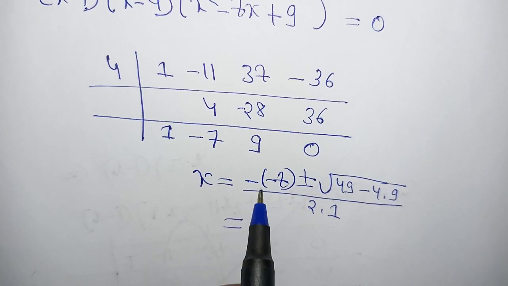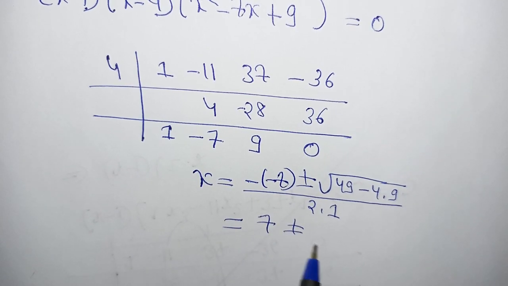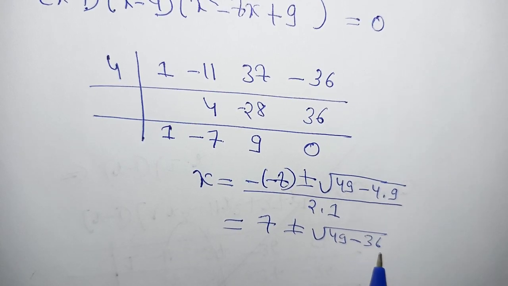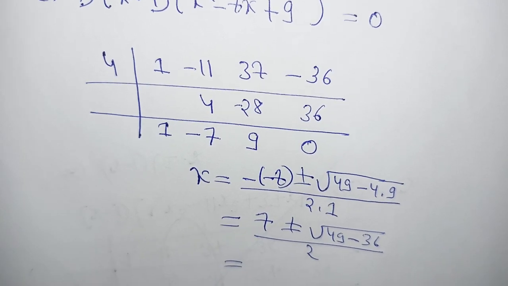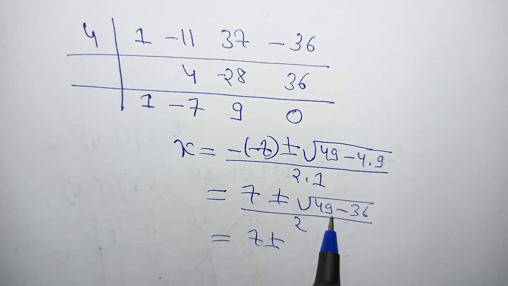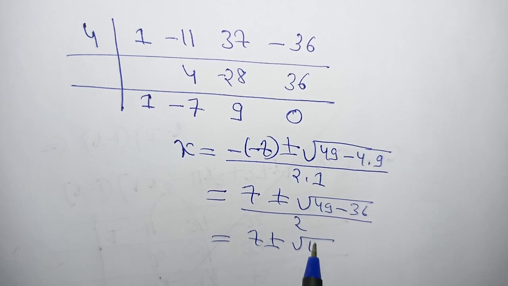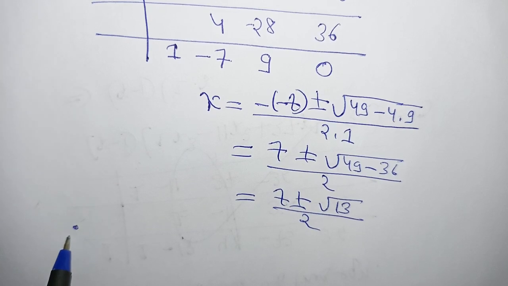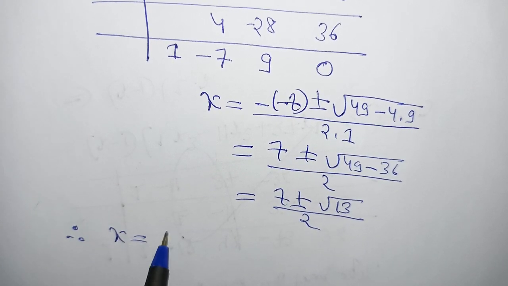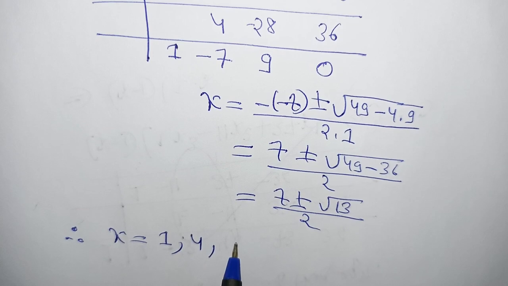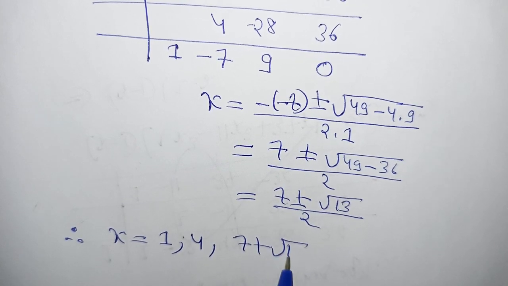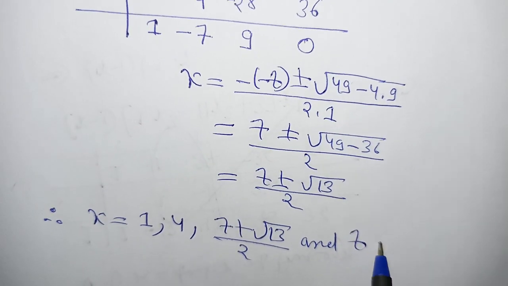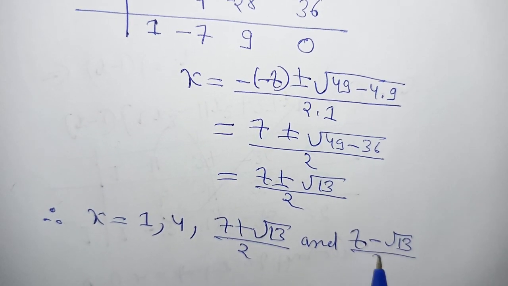That gives 7 plus minus the root of 49 minus 36, which is 13, divided by 2. So finally we have the values of x equal to 1, 4, and 7 plus root 13 by 2 and 7 minus root 13 by 2.